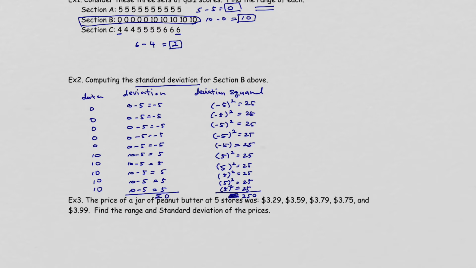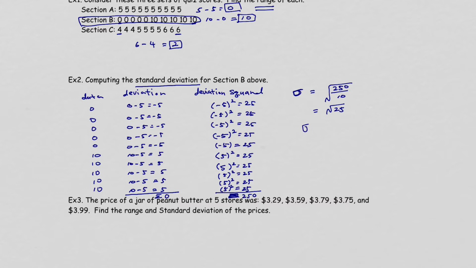And then the next thing we need to do in order to find the standard deviation, this is the notation of the standard deviation: your summation of deviation squared, divide that by the number of data and square root that, which is going to be square root of 25.